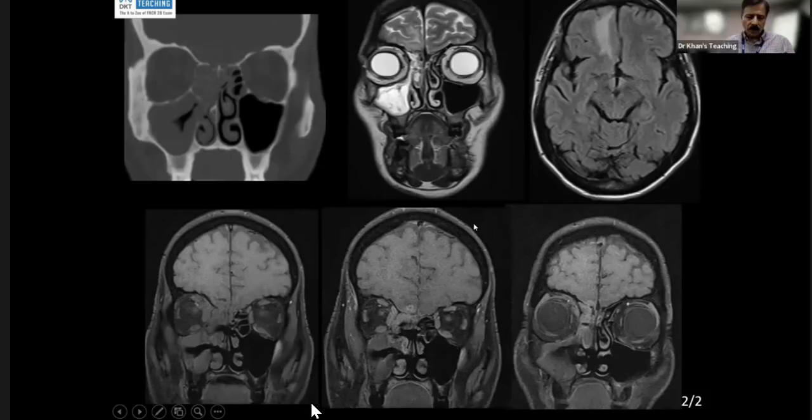Right. So this is the type of case which you are expecting in the exam. Now, if you look carefully, there was a soft tissue here which is going into the orbit, and this is enhancing. So there is a bit of phlegmon. But more importantly, there is enhancement which goes into the dura.